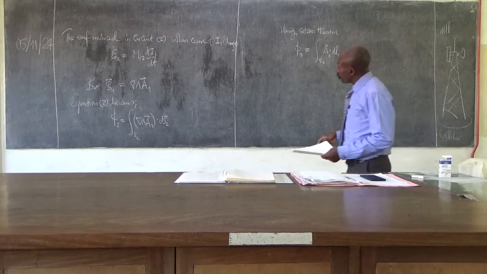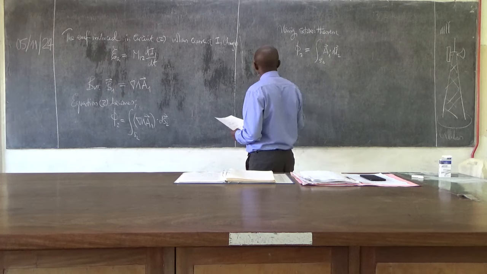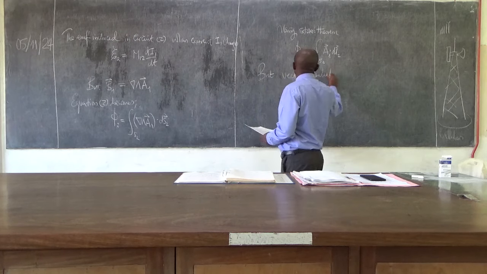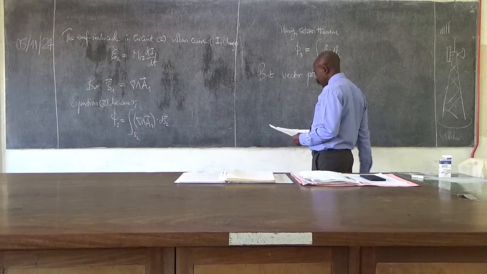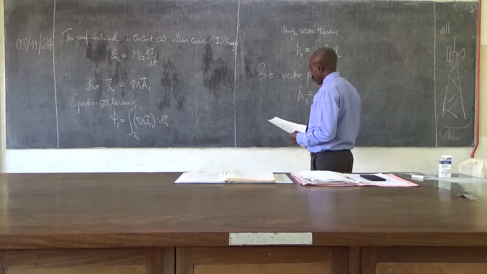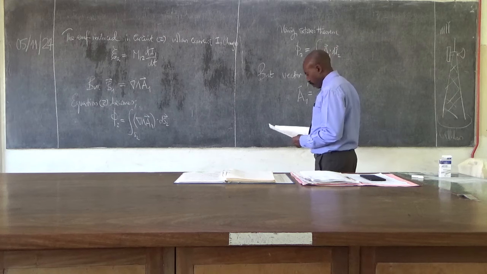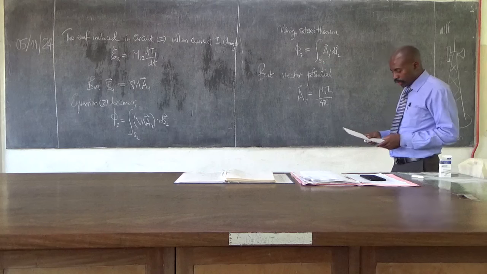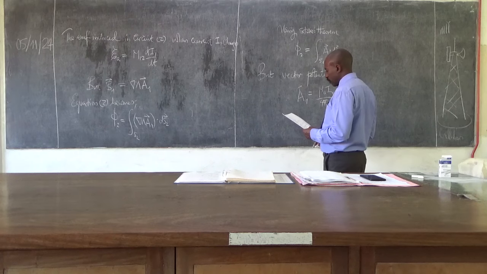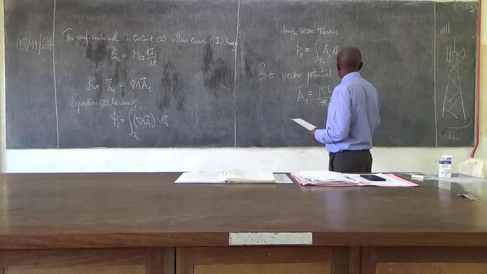But the vector potential A, if you remember, sometime back, A1 would be given by mu naught I over 4 pi, and this current here is the one in the circuit which is changing, and then we get the integral over this closed curve C1 dl1 over R.